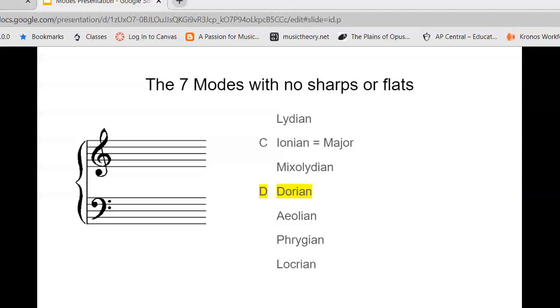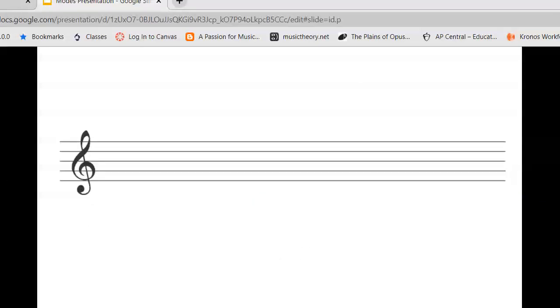If I were to go to an E, create an E scale in this same key signature of no sharps and no flats, then I would create a Phrygian mode. And that would sound like this.